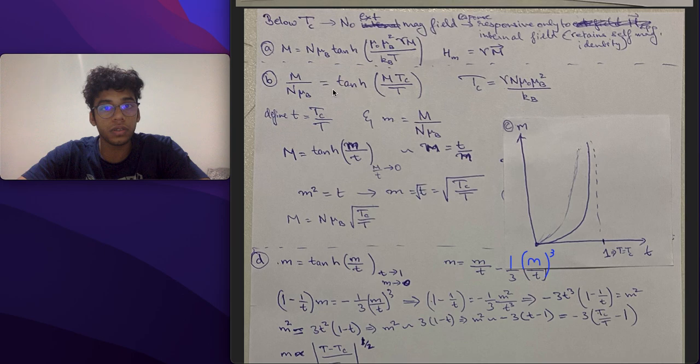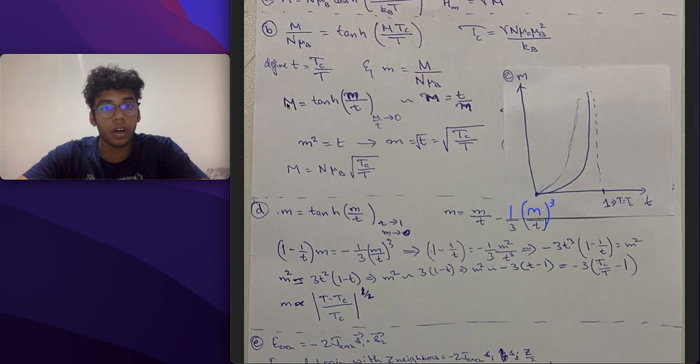So what you do is you instead define tanh of m tc by t, where you define a small t, which is the ratio of Tc and T, and you define small m, which is the magnetization divided by the number times the internal magnetic moment.